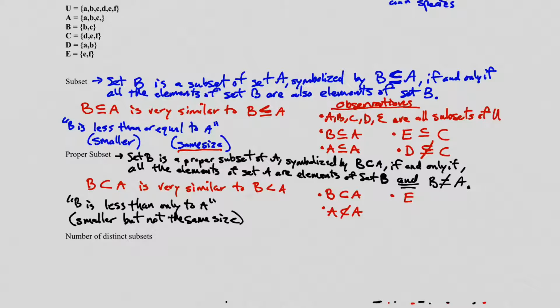We can also say that E is a proper subset of C. Okay, and D again doesn't even contain the right elements, so this is definitely not a proper subset of C. Okay. All right, so those are just a few observations. We'll do some examples in a minute, but let's take a look at the next section.